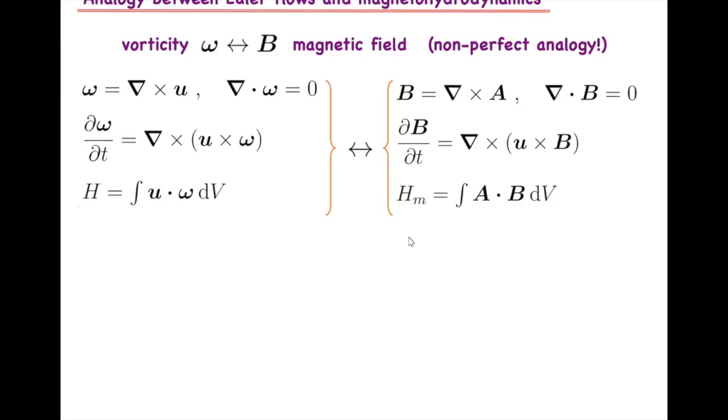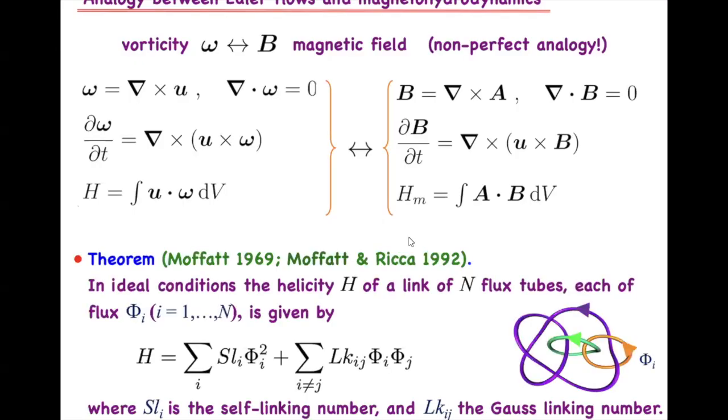The magnetic field may be transported, moved by the flow. So in this context, the magnetic field is like some paper or coffee powder that is transported by water to some extent, because it reacts back. So it's more complicated than this. So in this sense, it's a non-perfect analogy.